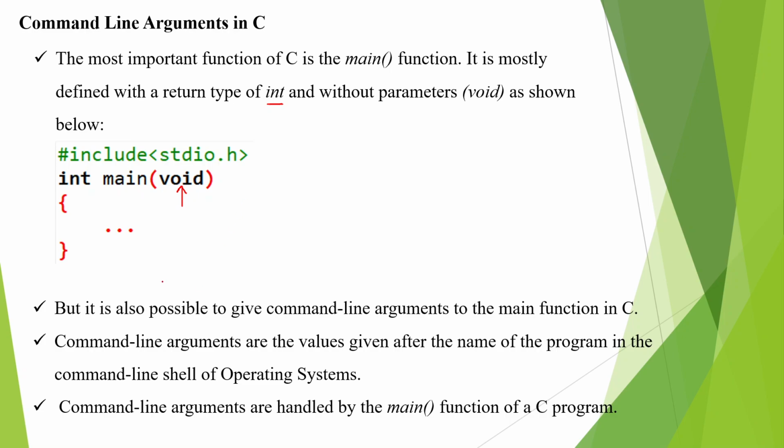It is possible to give command line arguments to the main function in C, how to handle them, and how to use them in our program. That is our today's topic, command line arguments.